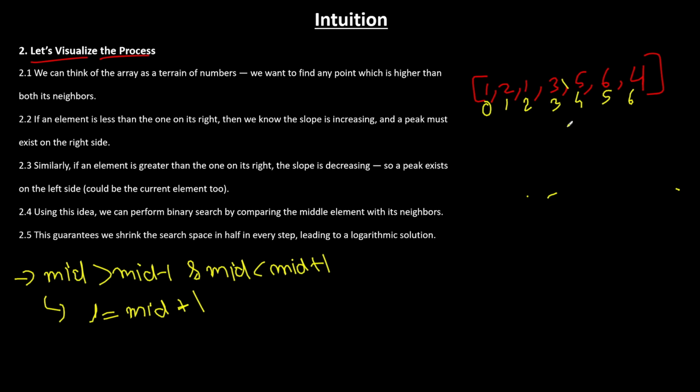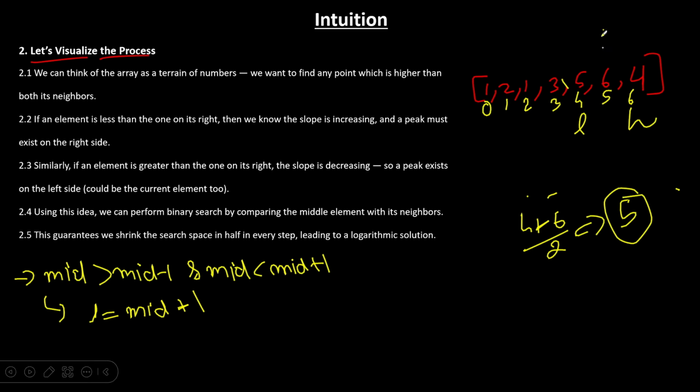Now let's try again. Now our search space is from here to here, right? So 4 plus 6 is 10, so it will be 5. If we come and stand at 5, we get value 6.